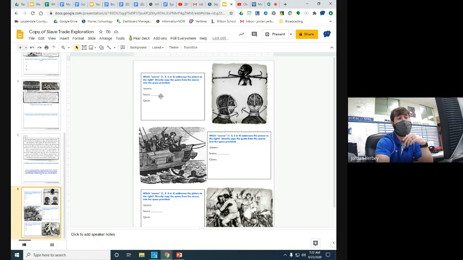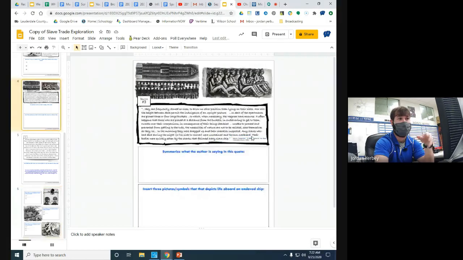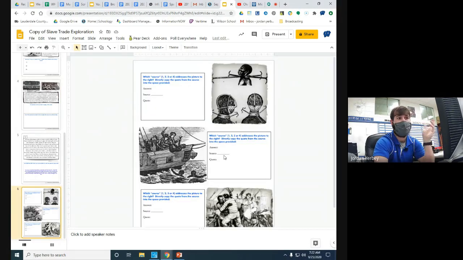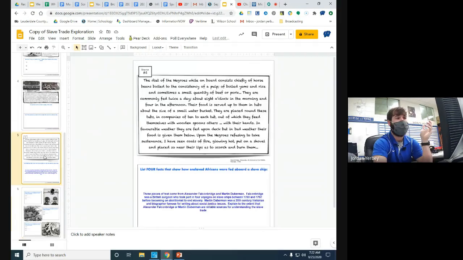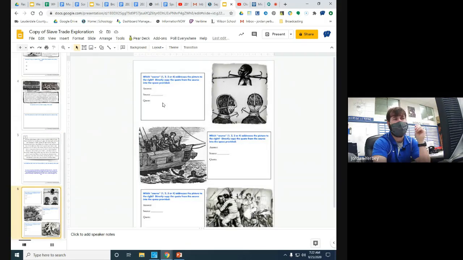So the source would be the person that is writing the source. Like in this one, for instance, it is Martin Duberman, where this one might be Alexander Falconbridge. And then the last thing is you put the quote, and you do that for each one of these pictures. So you'd have a 1, 2, 3, or 4, which person wrote the article or the source, and then the quote from them that leads you to believe that this is what they're talking about.